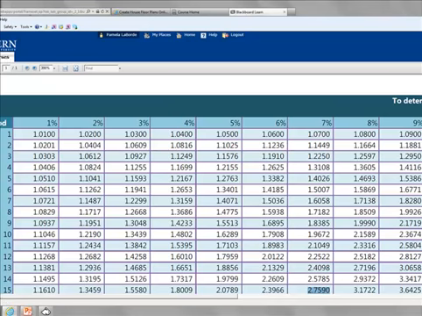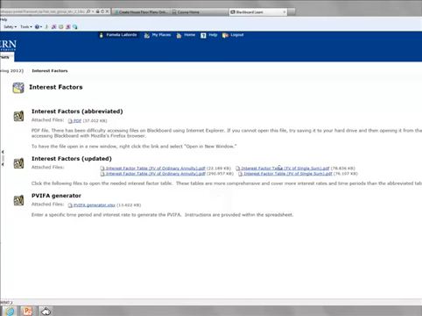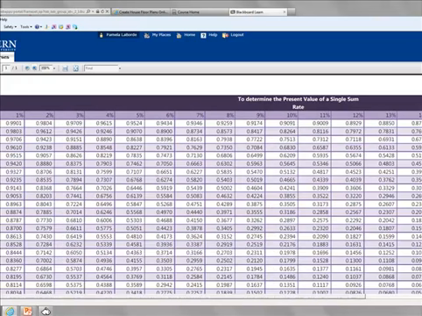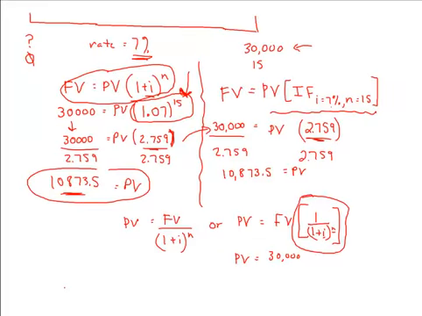Not this one though, because this is the future value interest factor table. I would go back to the present value of a single sum interest factor, go across to an I of 7 down to an n of 15 and find the interest factor of 0.3624, and that goes right here.